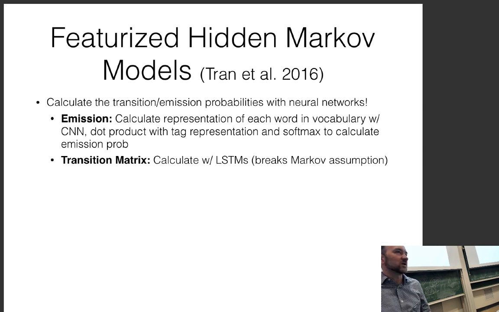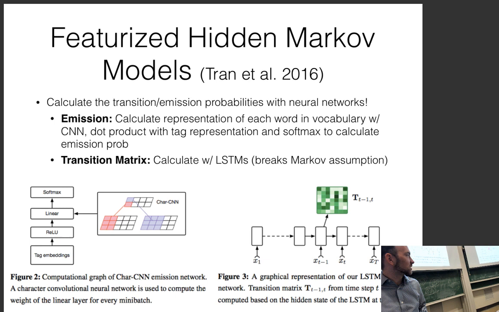This is a little bit strange because they basically run an LSTM over the output and then calculate the transition matrix based on the LSTM, which breaks the Markov assumption and turns it into not actually a generative model that you can use to calculate any probability. But it's what they did here, and it did seem to work for the specific task of unsupervised part-of-speech tagging.